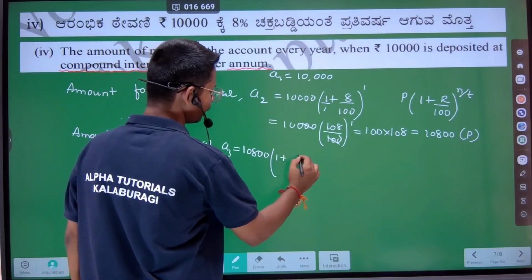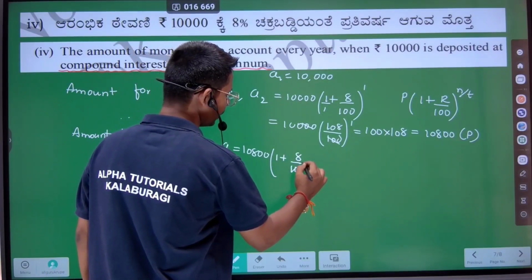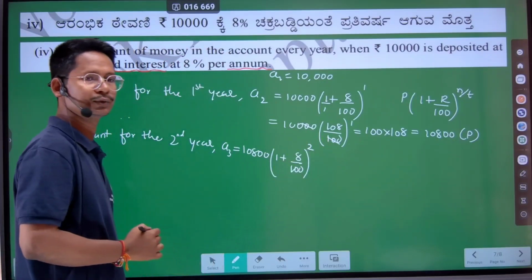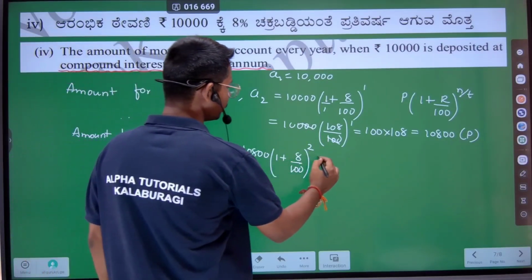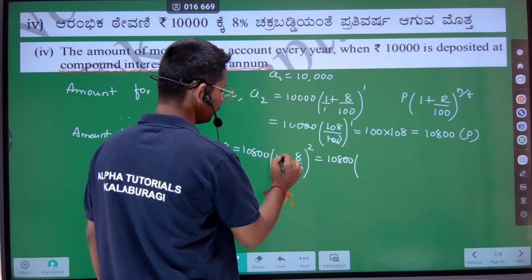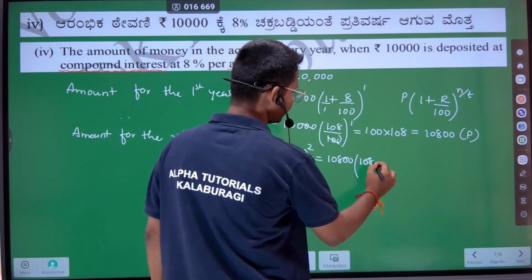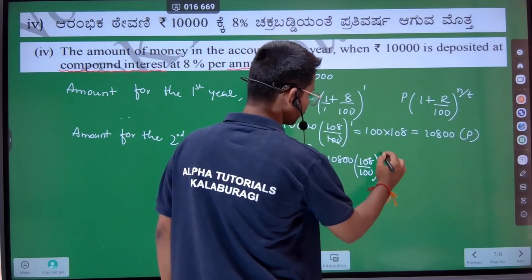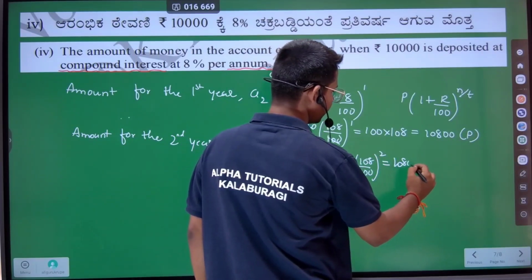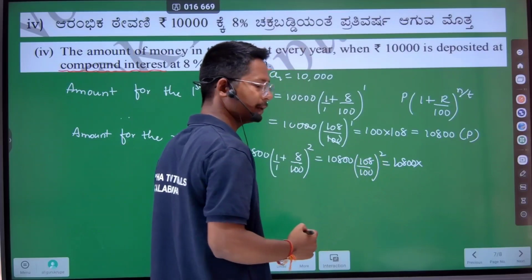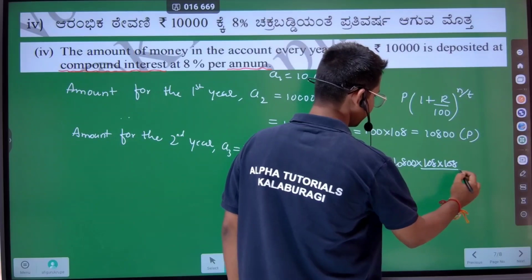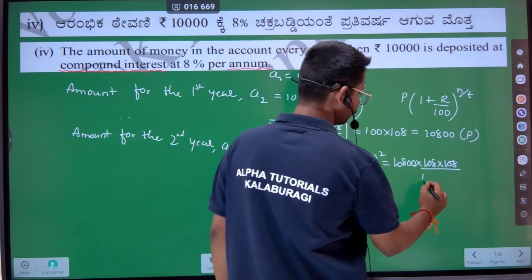1 plus the rate of interest remains the same, by 100, and it is for the second year, so the duration is going to be 2. Now it is 10,800, and if you simplify you will get 108 by 100 square. So 10,800 into, square means I'll write twice, divided by 100 square, which means 4 zeros.